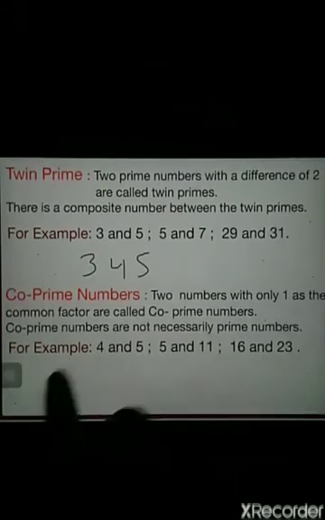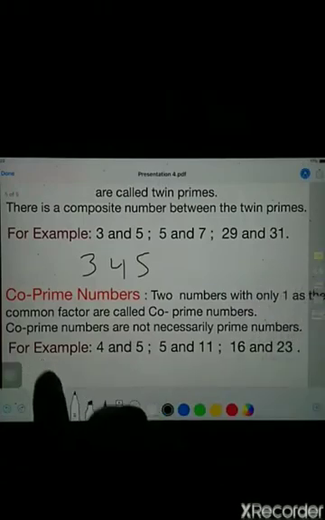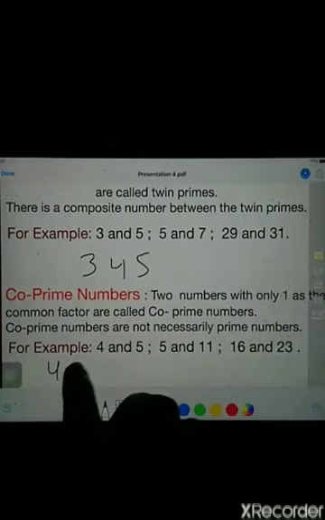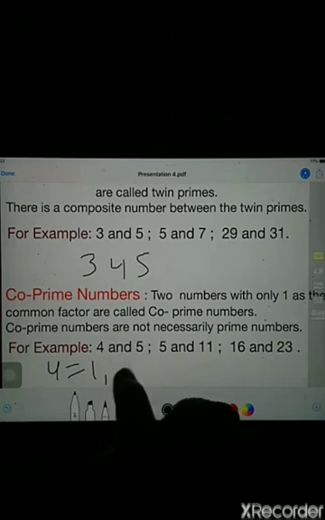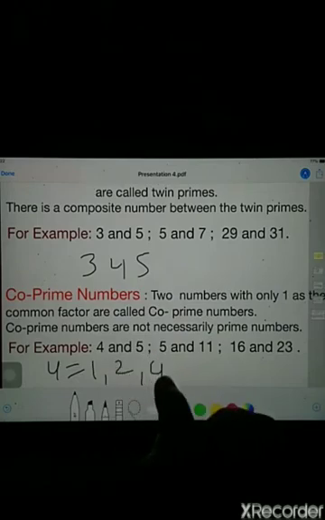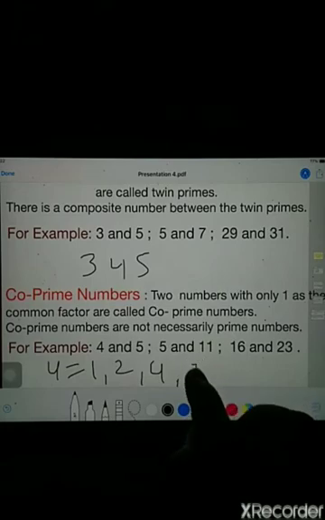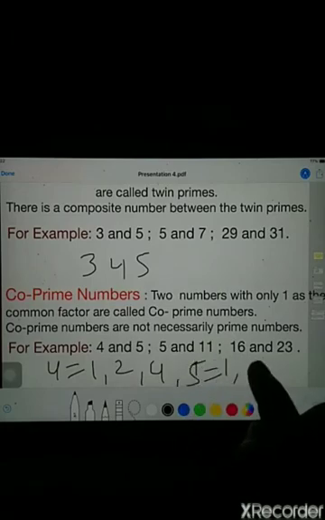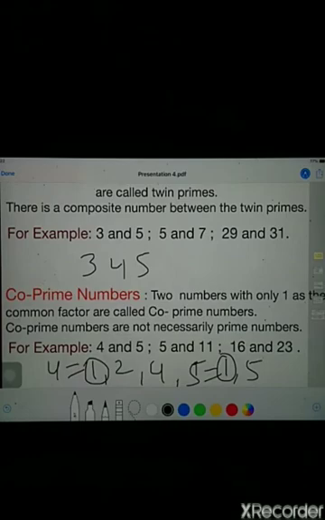Like 4 and 5. The factors of 4 are 1, 2 and 4, and the factors of 5 are 1 and 5. So the only common factor is 1. So these numbers are called co-prime numbers.